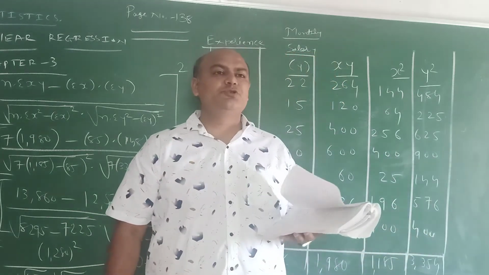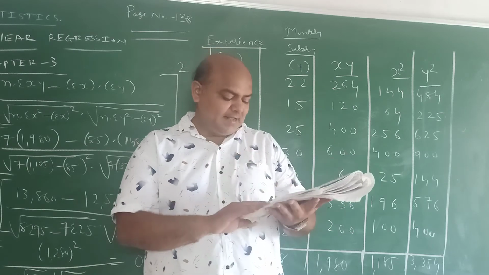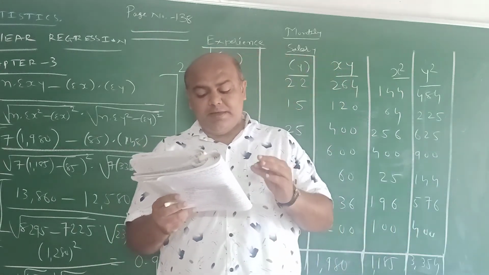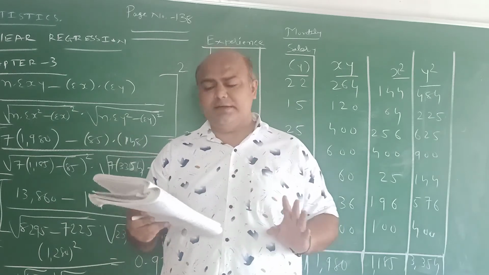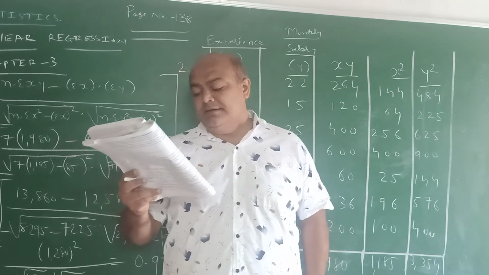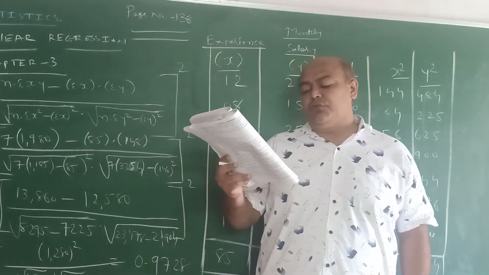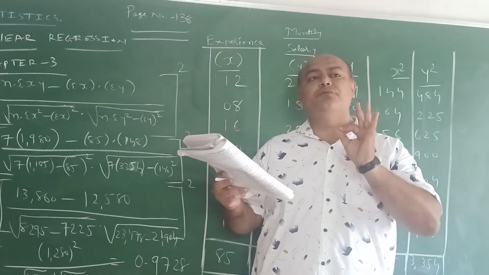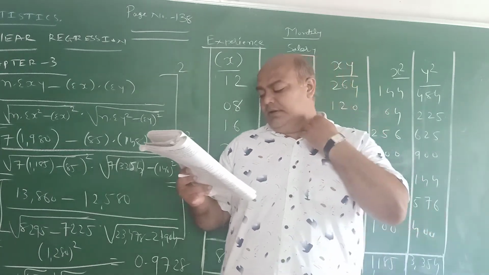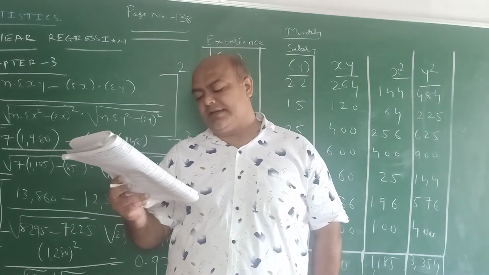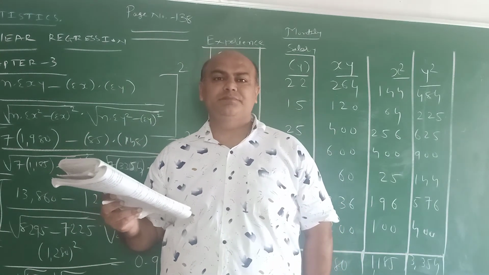So my dear friends, to get full marks, you have to write at last, like they write in the book, the value of R square is very nearer to 1. You can see in the textbook, page number 139. So we can say that the linearity assumption of regression between the years of experience and the monthly salary is valid. You have to write this line compulsorily at the end of your sum.